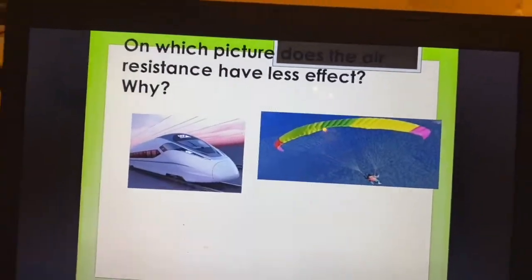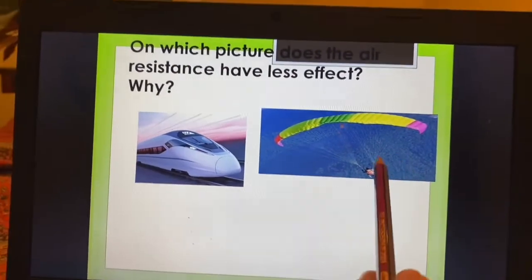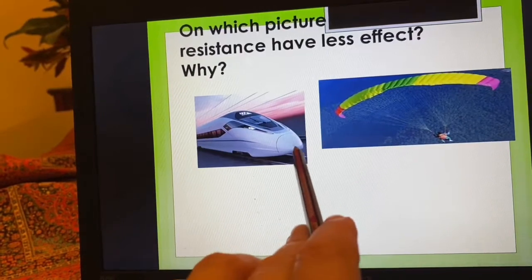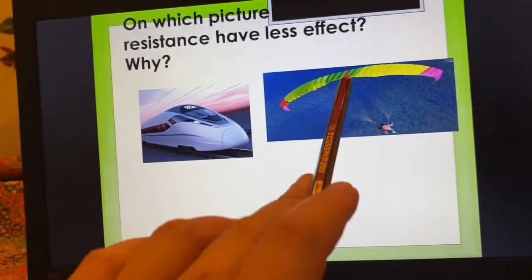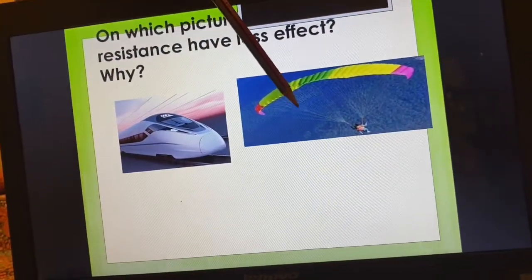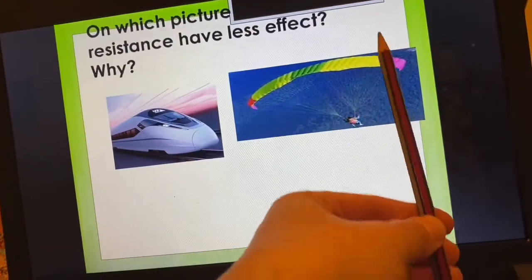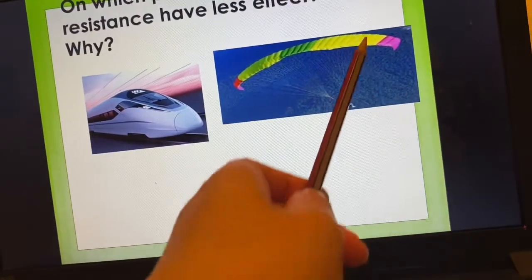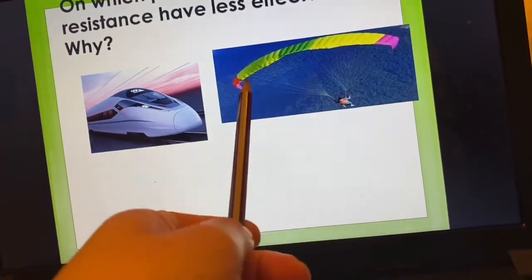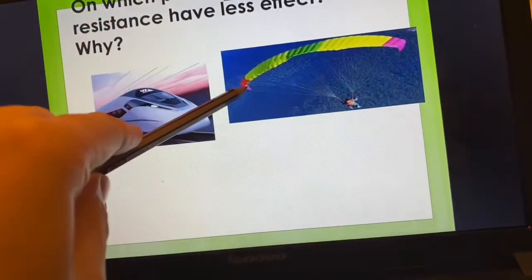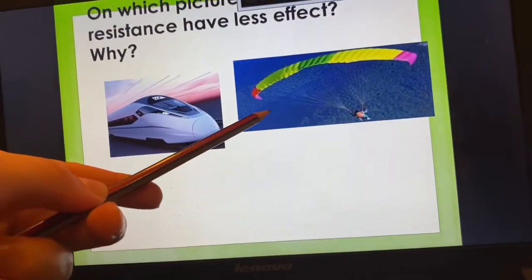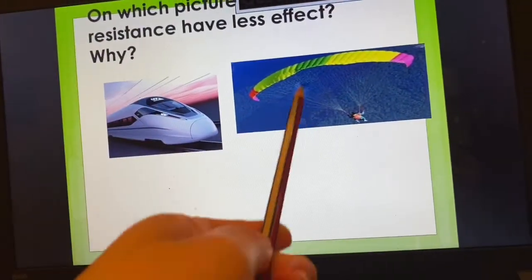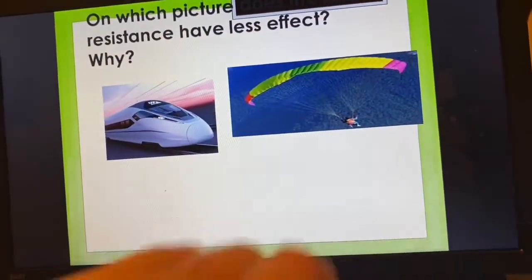Okay? Look here. I have a parachute and I have a train with this smooth shape. Now the parachute, when it goes downward, what will affect it upward and make it slower? The air will go inside the parachute, right? So the parachute will make more air resistance. The shape of the parachute lets more air enter the parachute and makes it go down slower.